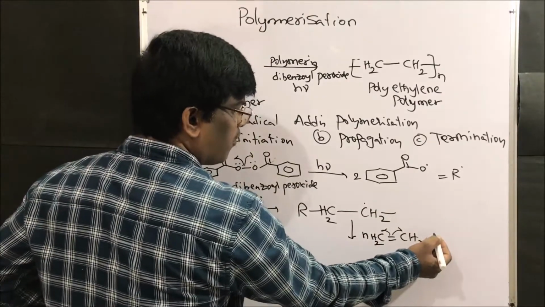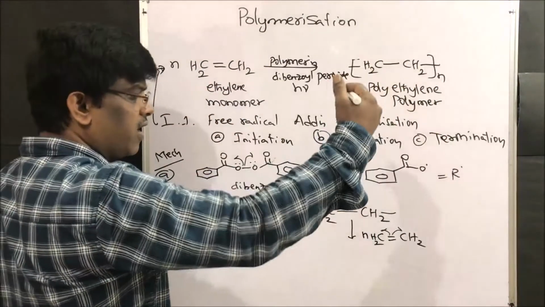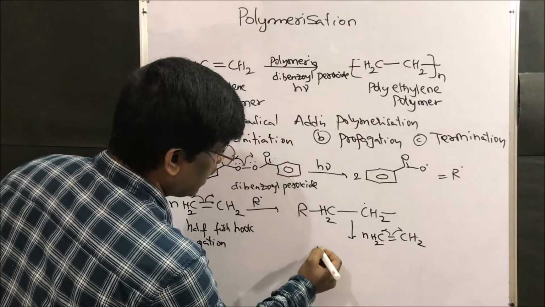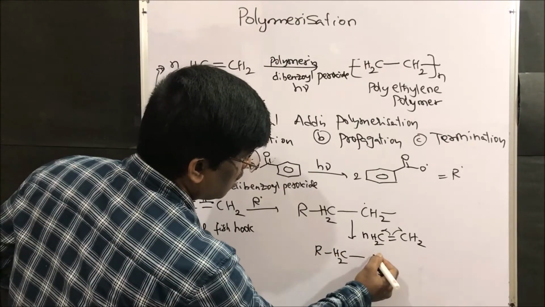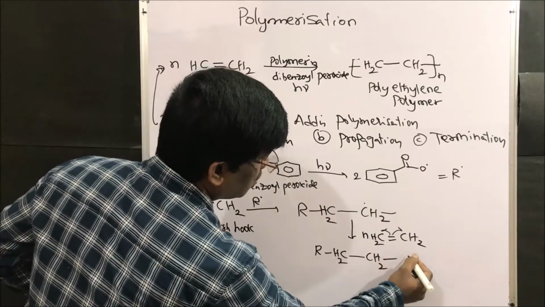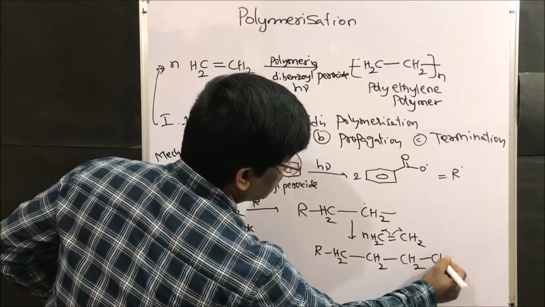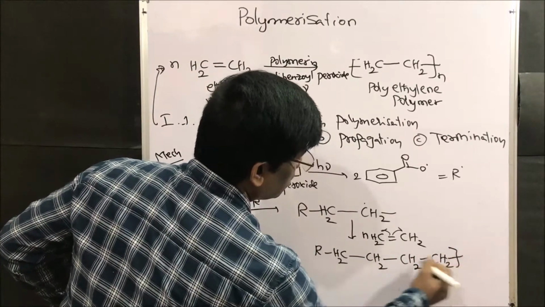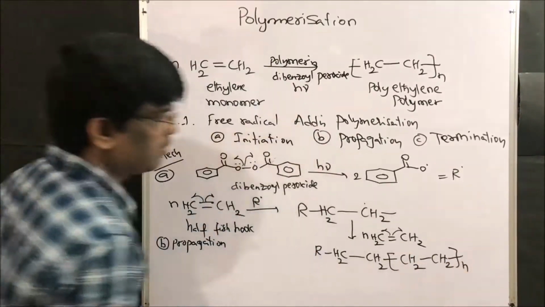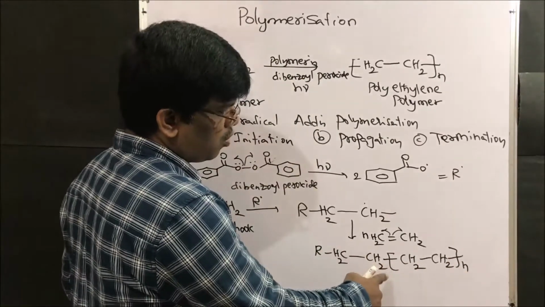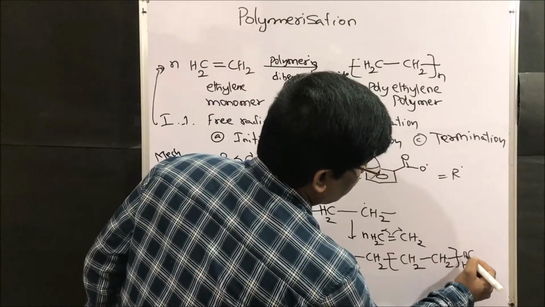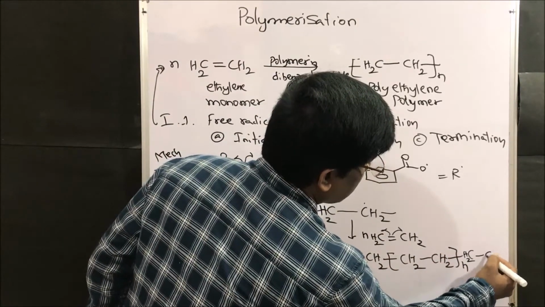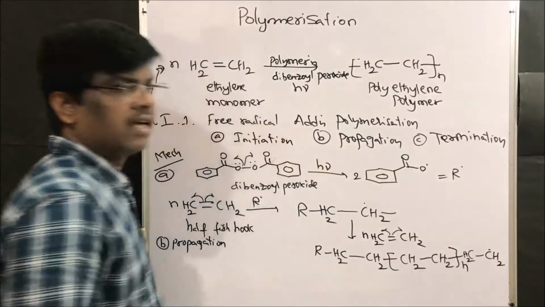This newly formed one reacts with another one, and it forms n number of CH2 units. These n moles of CH2 will be there, and finally, on this side, CH2.